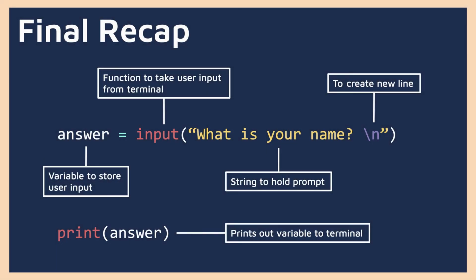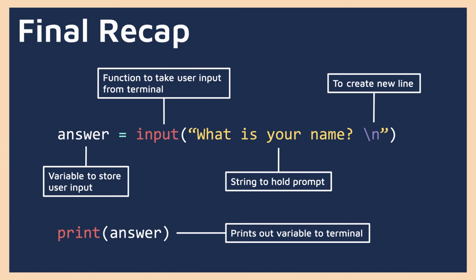So a quick recap of this video. To get an input from the user, use the input method. You can store that inside of a variable, and you can use that variable in a set of conditionals or for any other reason.